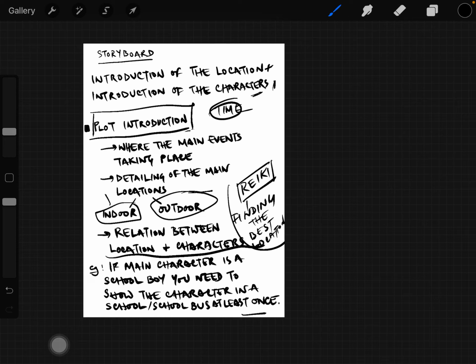So for example, if in a film there is a shot where I need to show a bank, you need to find out what is the best location suitable for that kind of shot, or they make the location in film sets, right? They make these huge outdoor and indoor sets where they make the location.